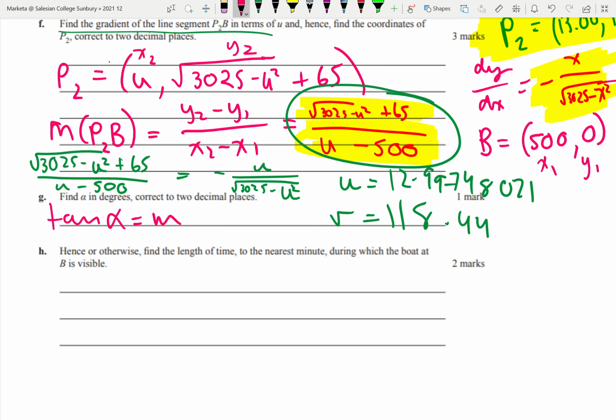And our gradient we had was x on root 3025 minus x squared. And then, well, we can do the inverse of that. So remember that we've used u, and at u, we're finding it at u, so I can sub in 12.99748021 squared.